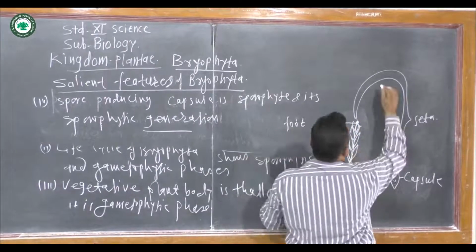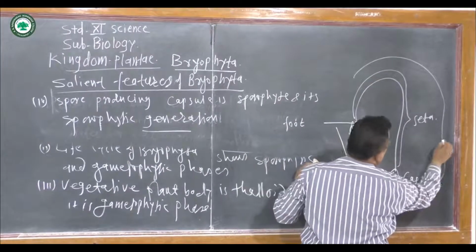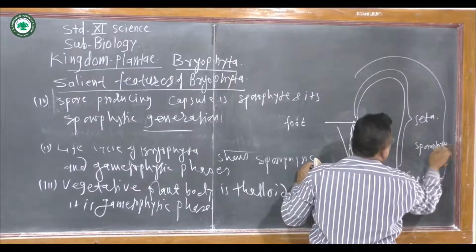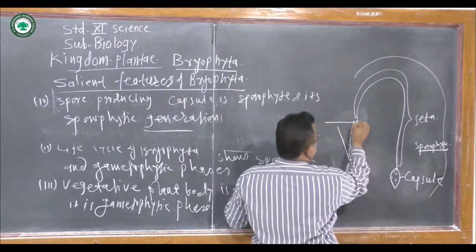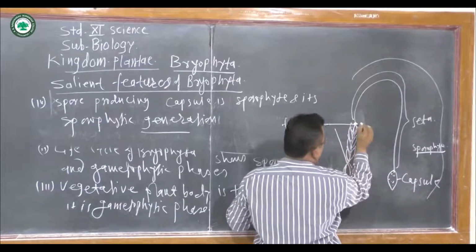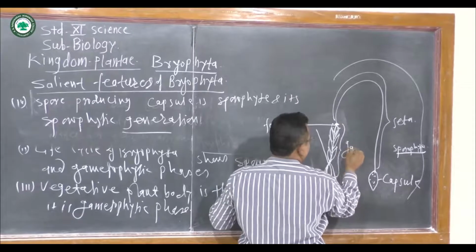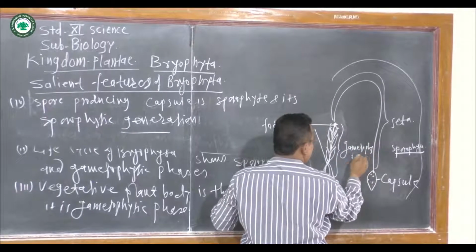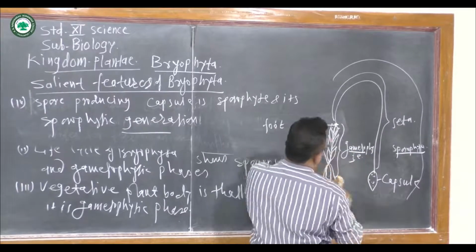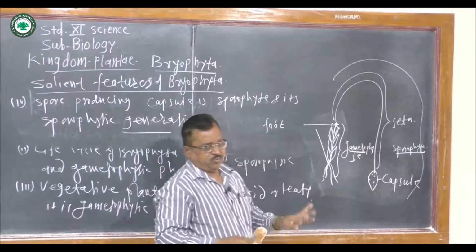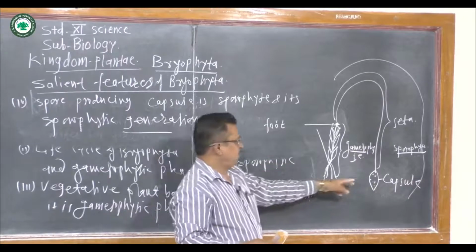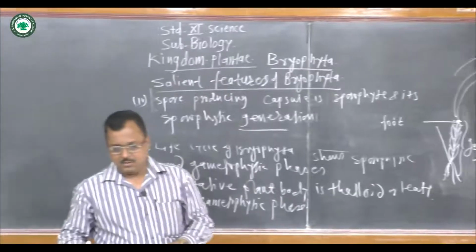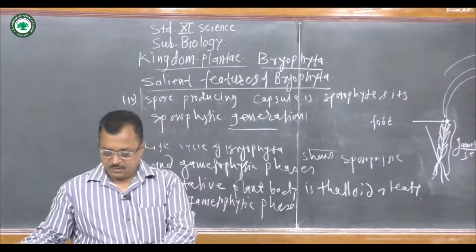This is the sporophyte, which grows dependent on the gametophyte. In moss Funaria, it is shown in bryophytes.